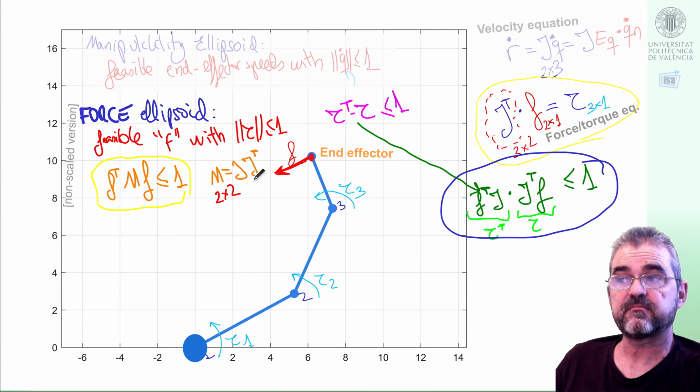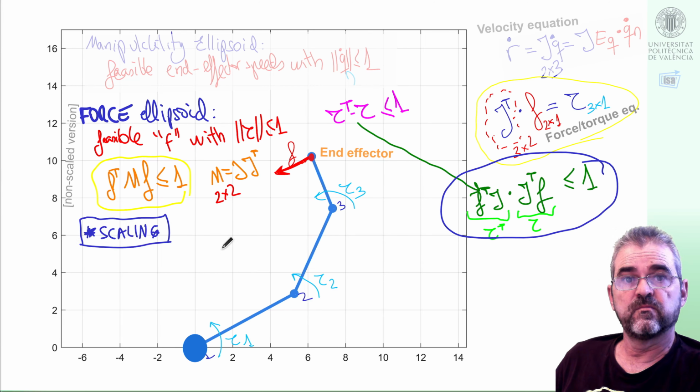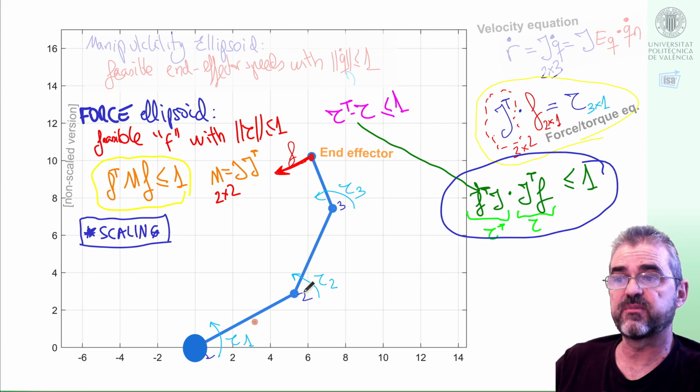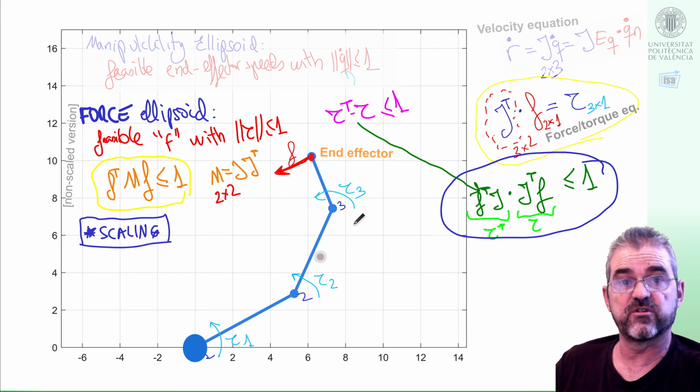However, maybe we need to incorporate scalings if the peak torque of each of the joint drives can take a maximum value different from one joint to another.